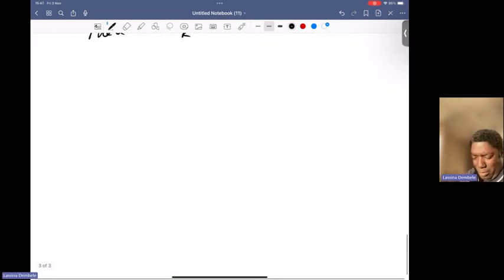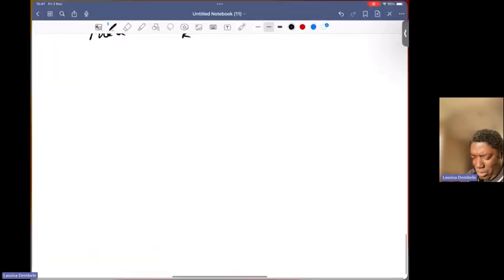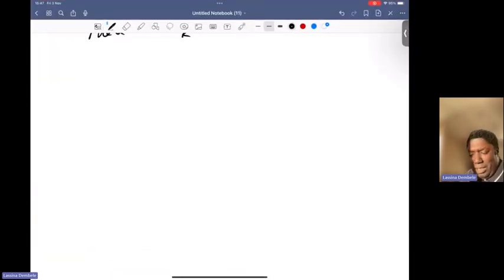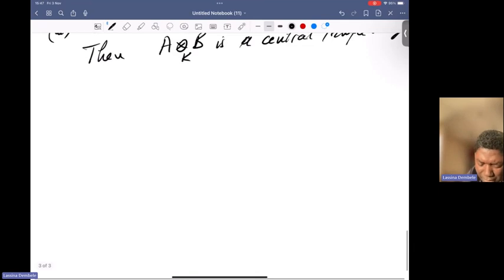So here is a consequence. Again, this is still a consequence of the main theorem that we proved. So the following proposition.